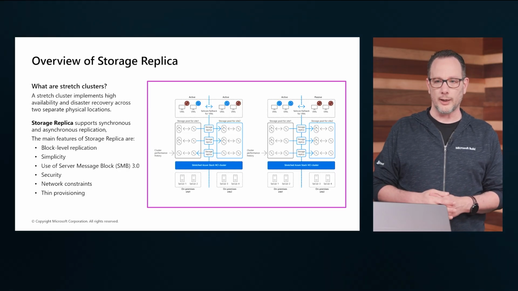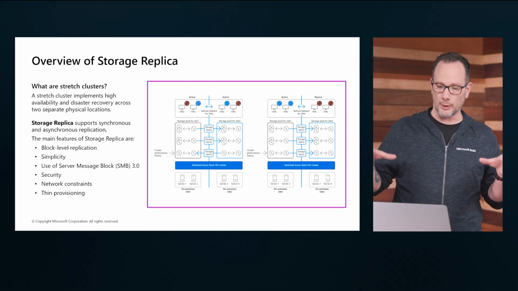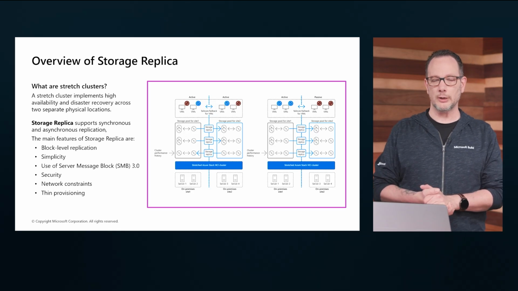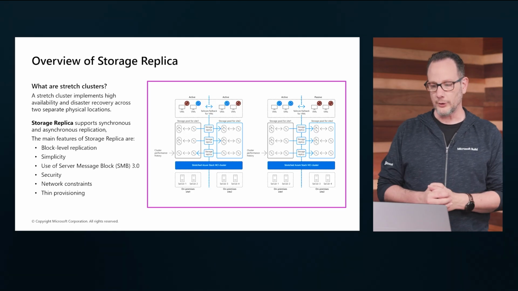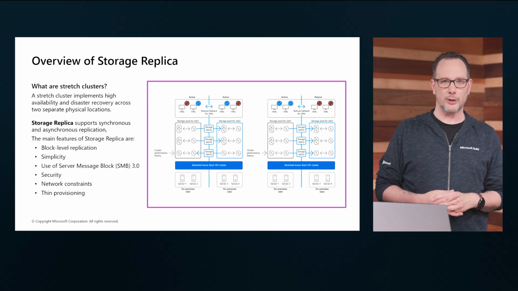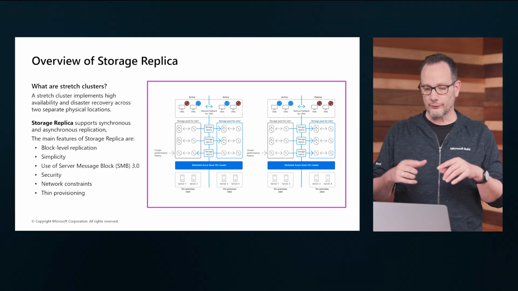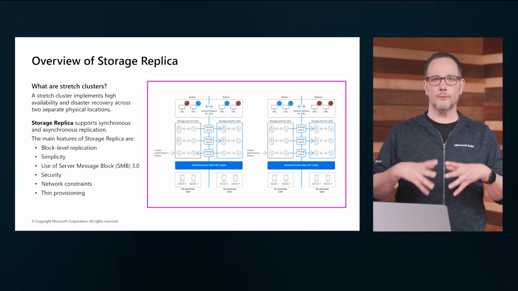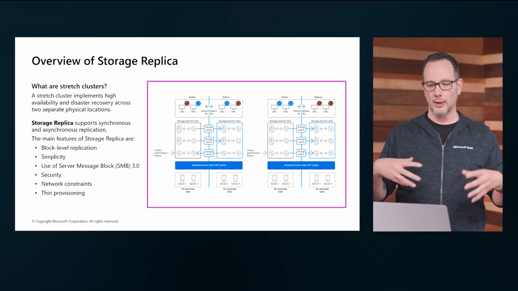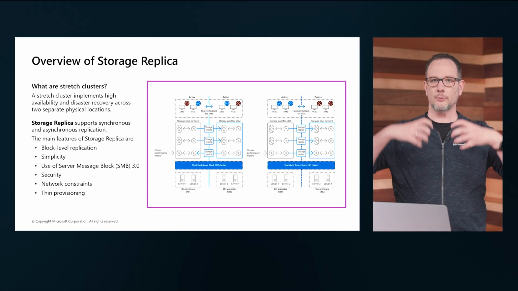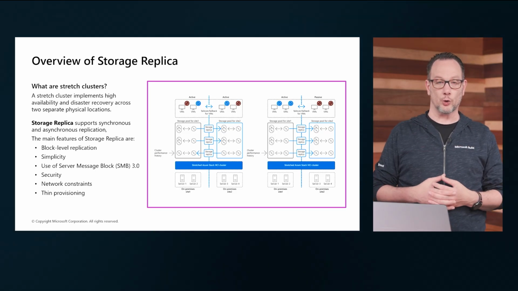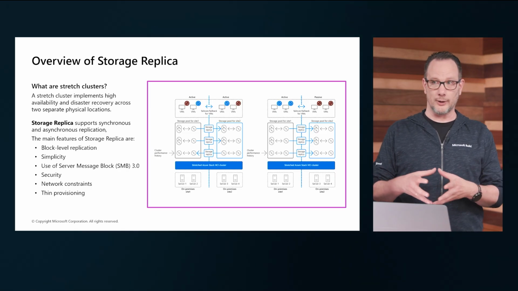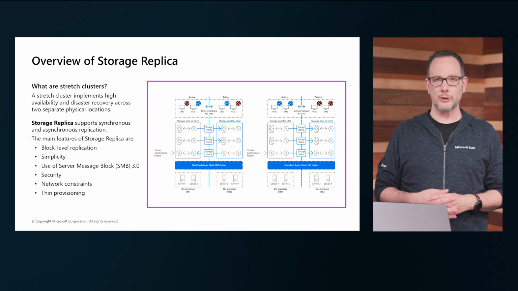If you take a look at the diagram here, it's going to show you a couple of different servers, left side, right side, maybe even two different buildings, depending a bit on how far you want to stretch your clusters, as we call it. And each of those little circles reflects a storage pool. So you have your physical or virtual machine, you define it as a cluster, but then underneath you have your storage environment, which could be a file server system like a Windows server acting as a storage environment.